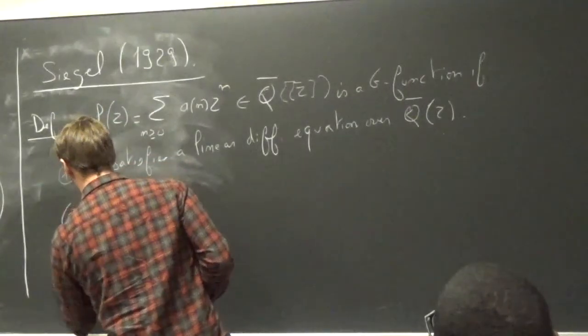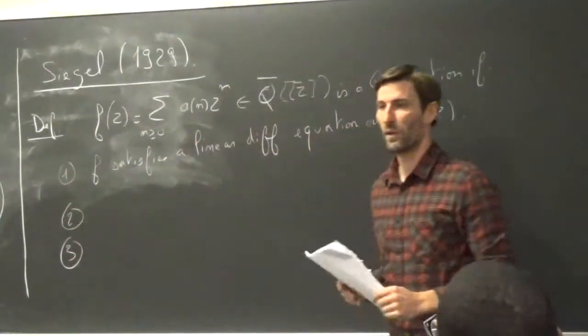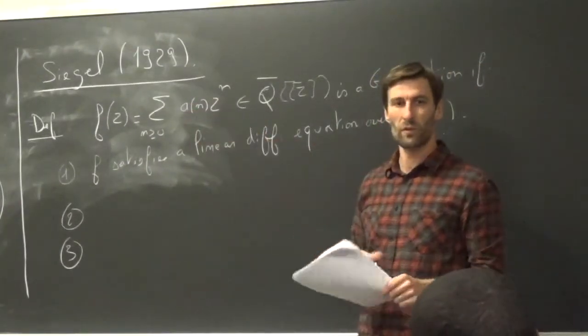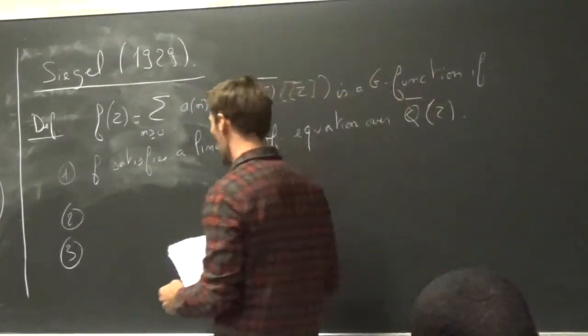The second and third conditions are just saying that the arithmetic growth of the coefficients is not too big, so it is under control.